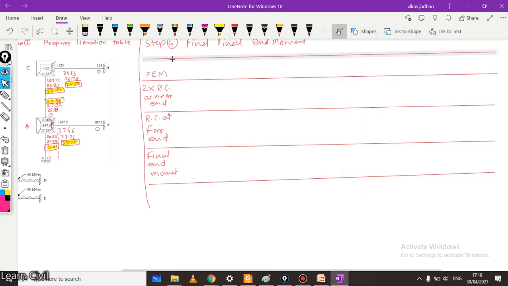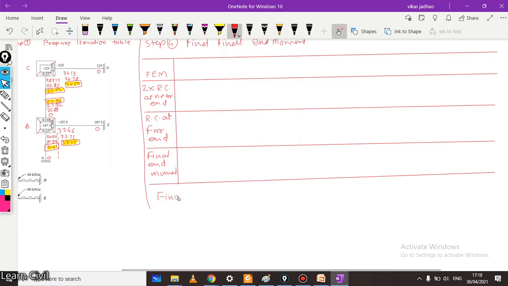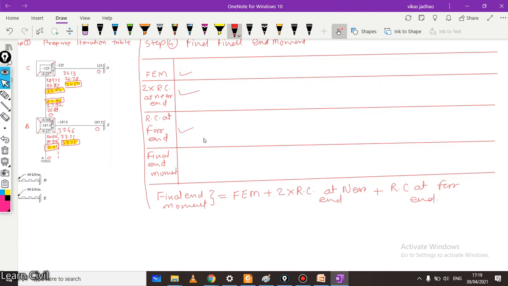Now the formula for calculating the final end moment is given by: final end moment is equal to fixed end moment plus 2 into rotation contribution at near end plus rotation contribution at far end.